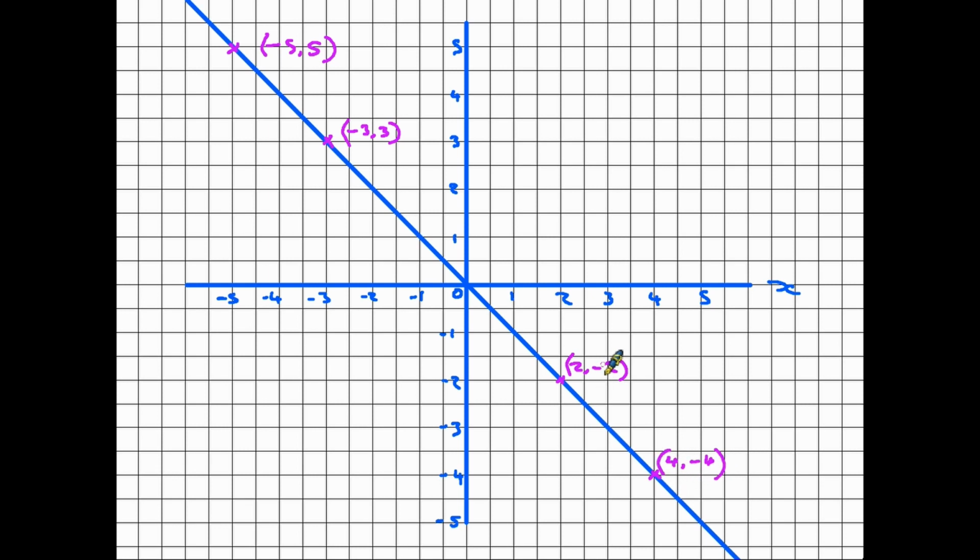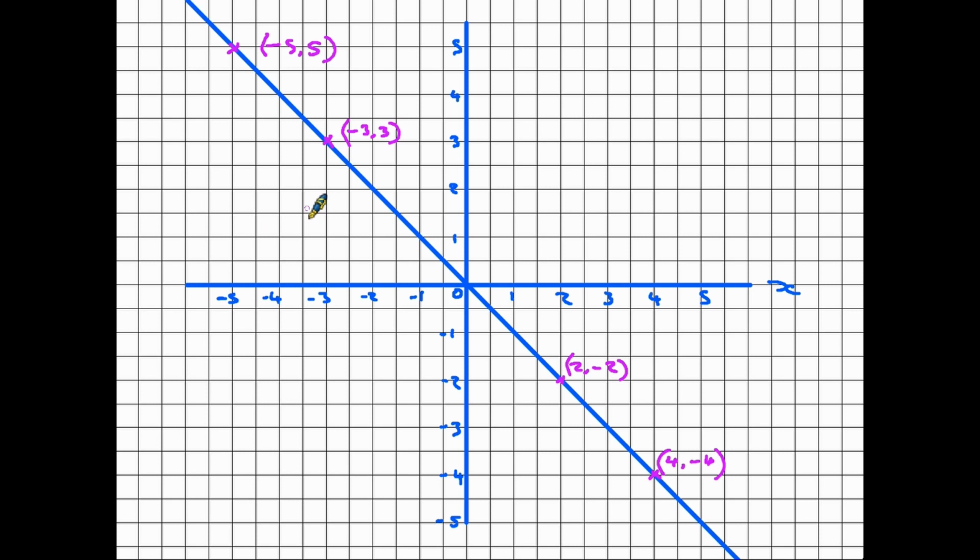Now, if you look at the numbers of the coordinates, we can see that the digit is the same in each case, 5, 5, 3, 3, 2, 2, 4, 4. The difference is that where the x is minus, the y is positive, and also the opposite, where the x is positive, the y is minus.